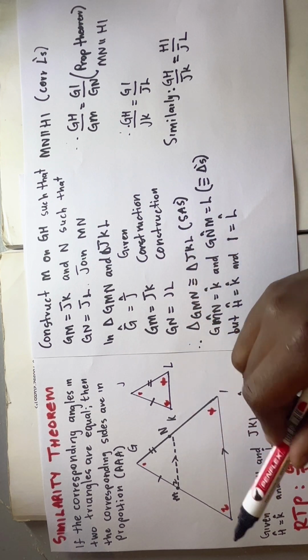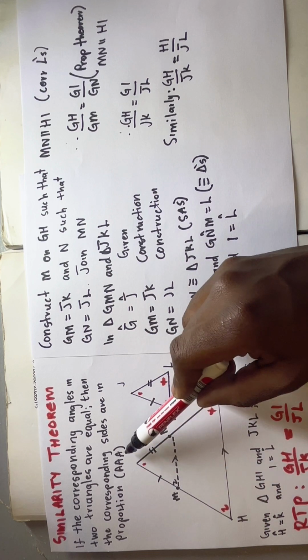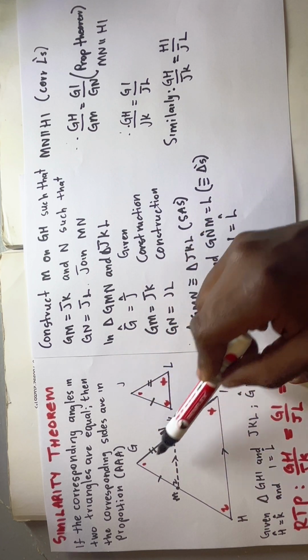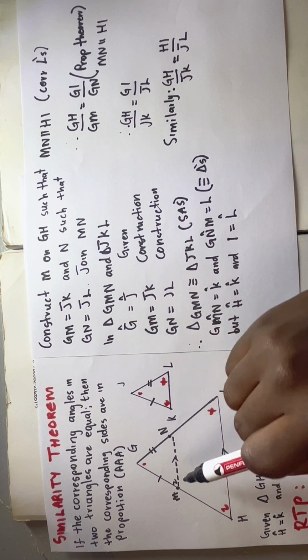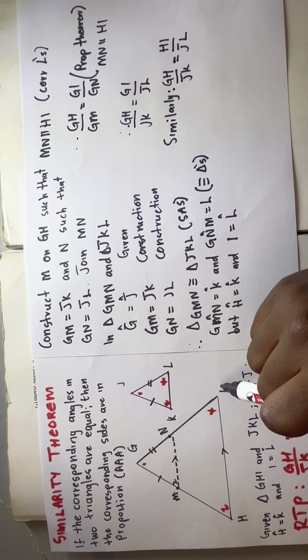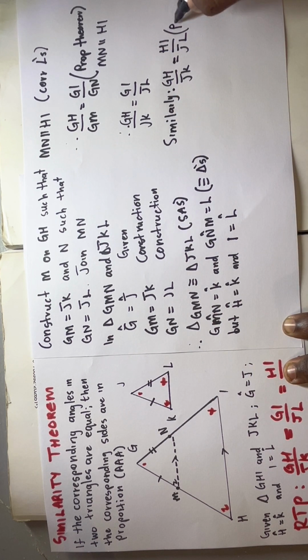These two sides are still in proportion. Remember, your GH over your JK, because these two sides were equal, are in proportion with this side, which is the longer side, over the smaller side. And this is still because of prop theorem.